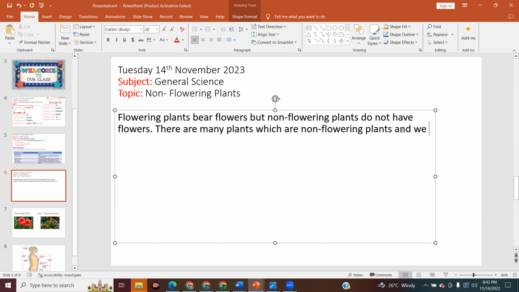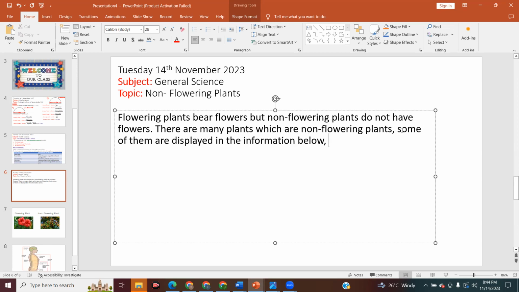And we will discuss, or we could say as shown, some of them are displayed in the table below, or in the information below.